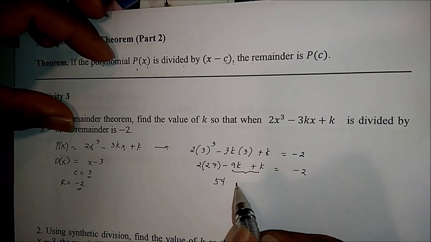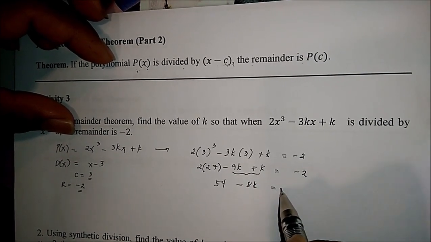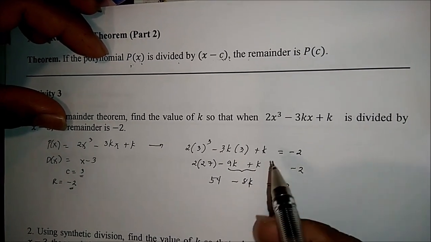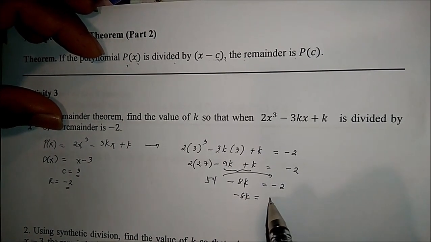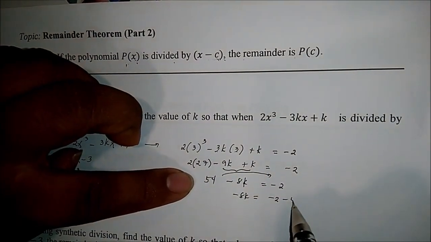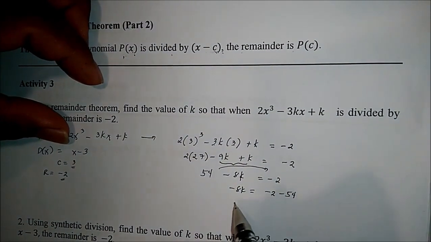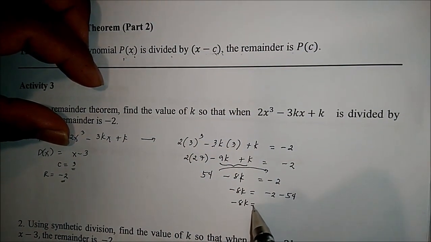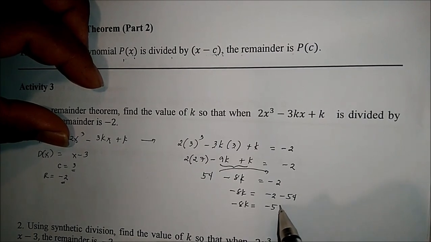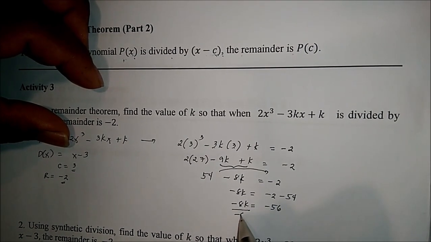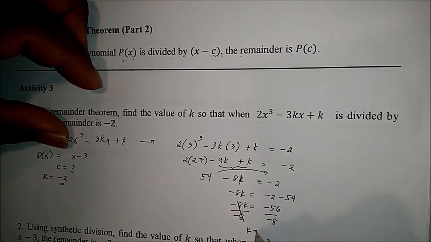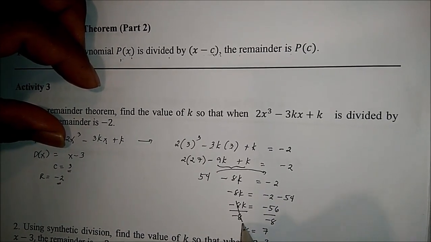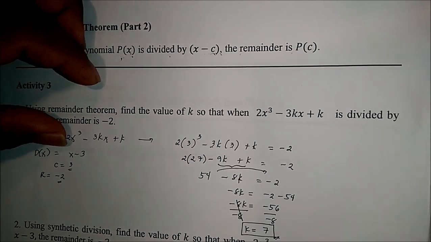Negative 9k plus k is negative 8k equals negative 2. By APE, negative 8k is equal to negative 2 minus 54. Simplifying the right side, negative 2 minus 54 is negative 56. Dividing both sides by negative 8, we have k equal to positive 7. So therefore, k is equal to 7.